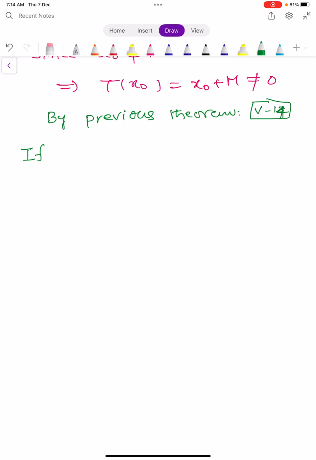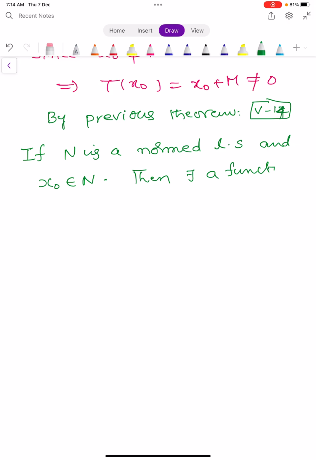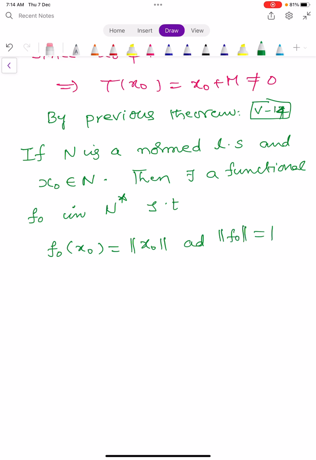So what is the statement of that theorem? If capital N is a normed linear space and x naught belongs to capital N, then there exists a functional f naught in N star such that f naught of x naught is equal to norm x naught and norm f naught is equal to 1.